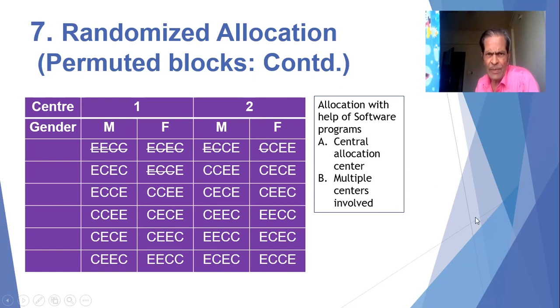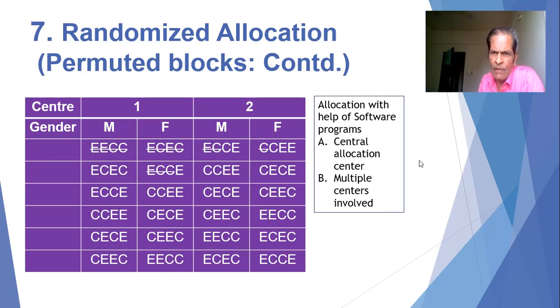The randomization for large trials in multicentric studies is nowadays done with the help of software programs. Here there is a central allocation center which is connected to the peripheral centers, and the peripheral centers can contact the computer of the central station and feed in the required information, and the program asks for the requisite information. If that is fed, the center then intimates the allocation, whether the person will be allocated to the control group or the study group.